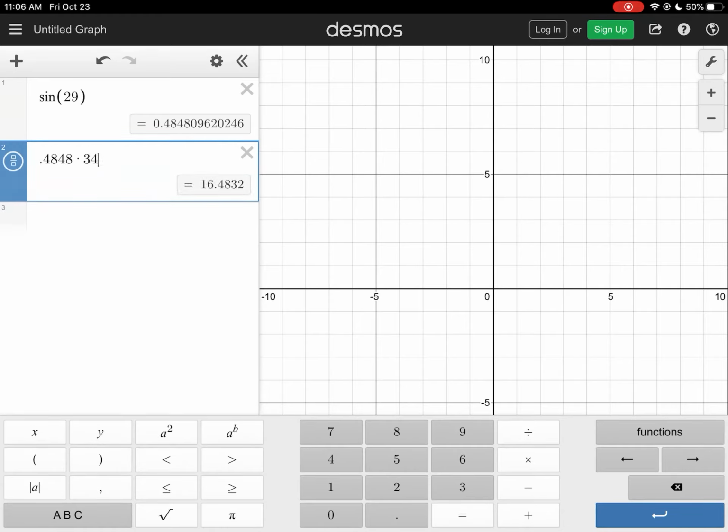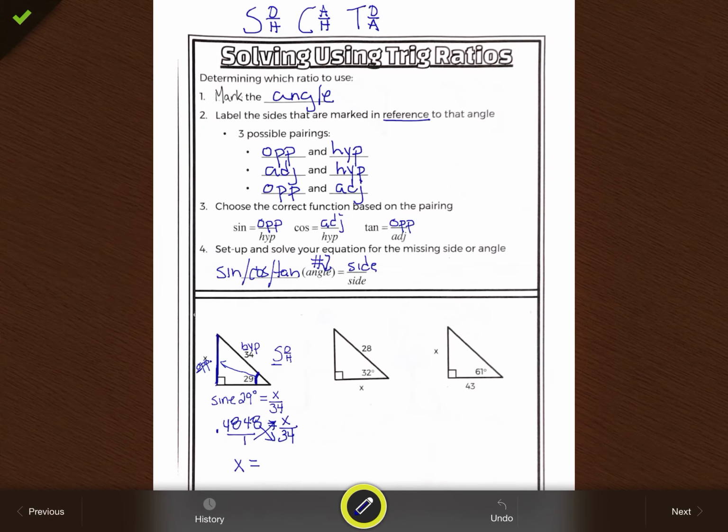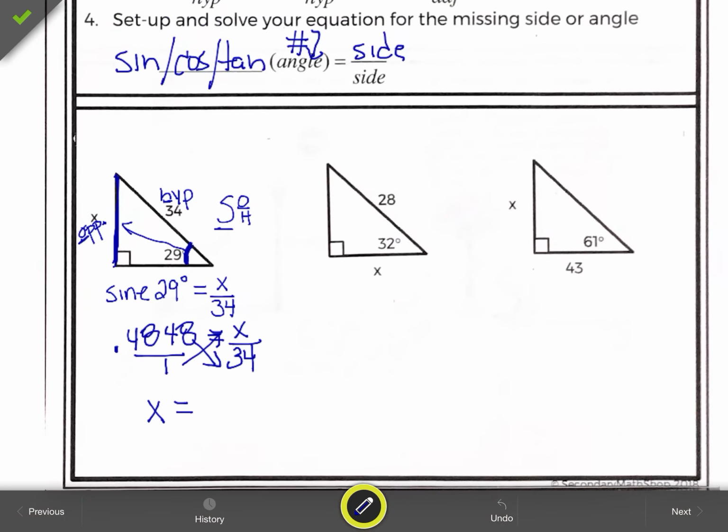They didn't specify, but let's round to the nearest tenth here, since we're talking about a side measure. And that would be 16.5.